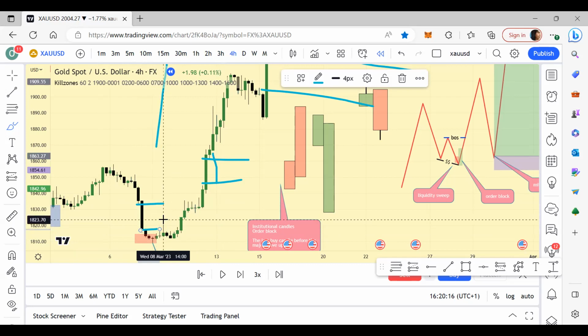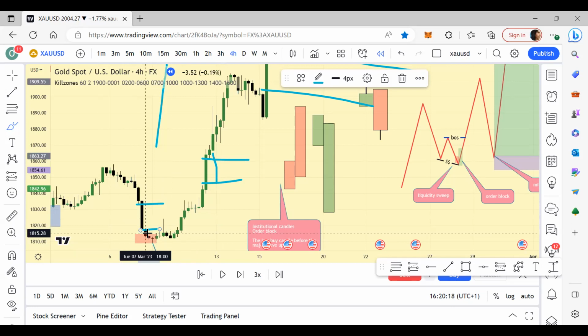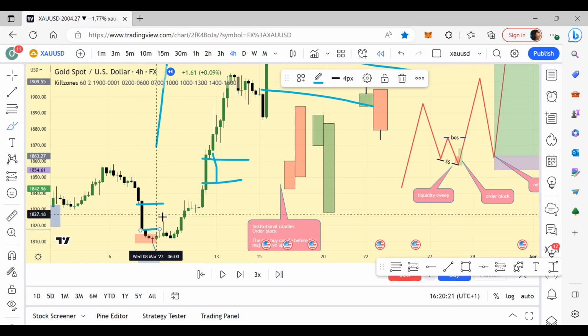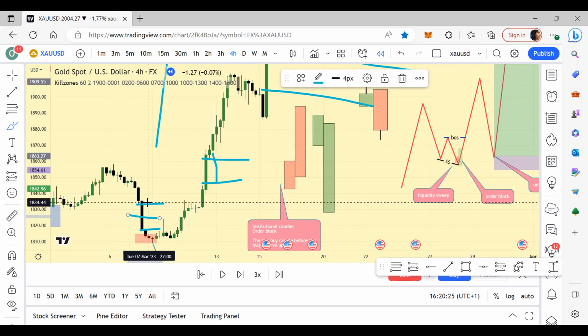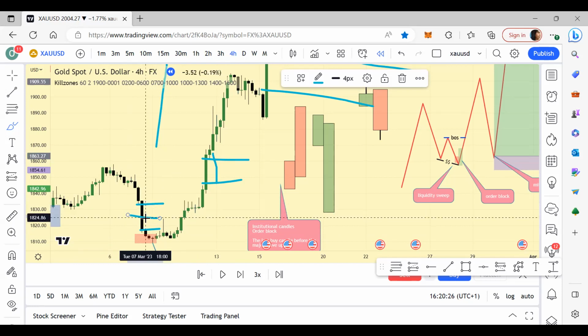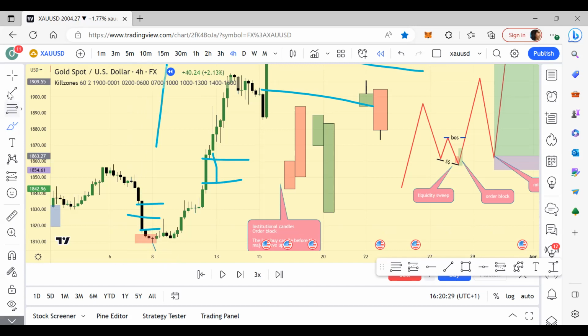So the whole thing is no longer an imbalance. What is now the imbalance is between this top one and this one, no longer the one at the bottom. Does that make sense? The gap is now here.